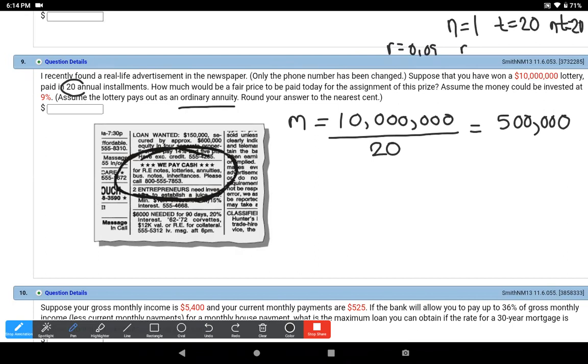We have R over N. R over N is also just 0.09, and 1 plus R over N is then 1.09. Kind of crunched in over there, but let's try to put them over here instead.